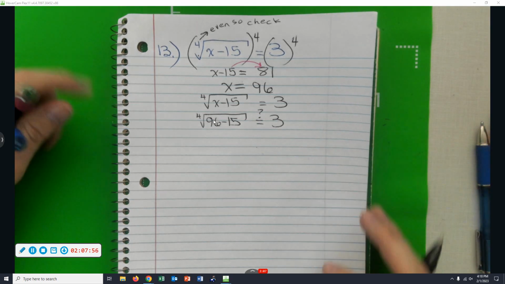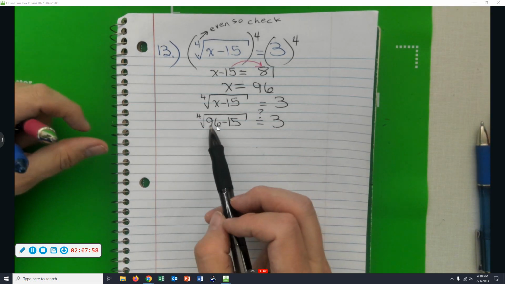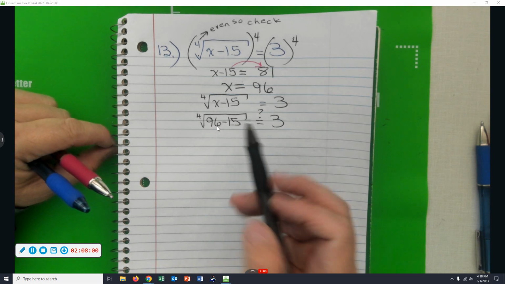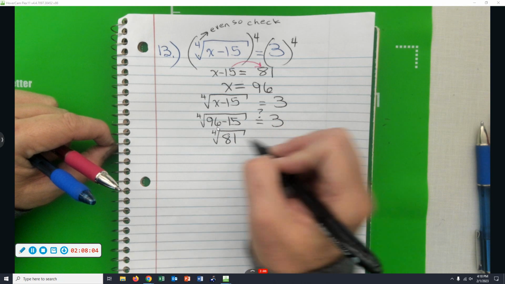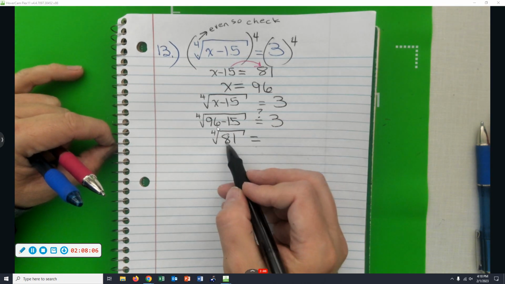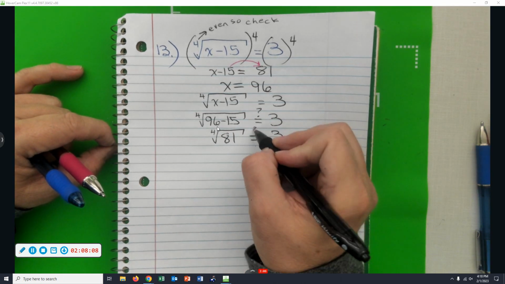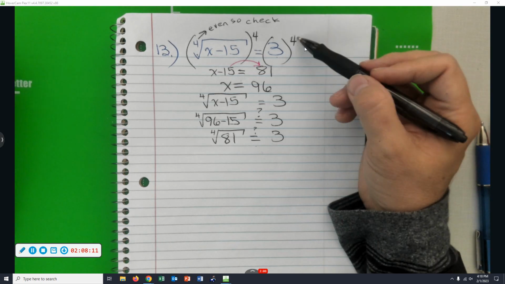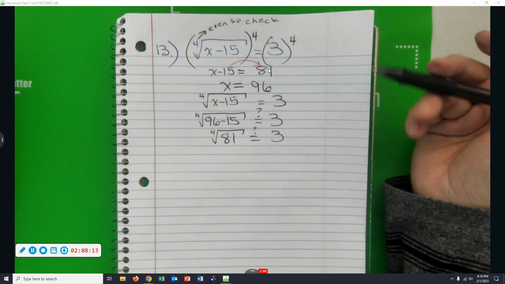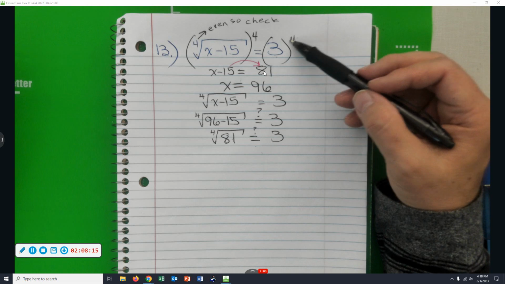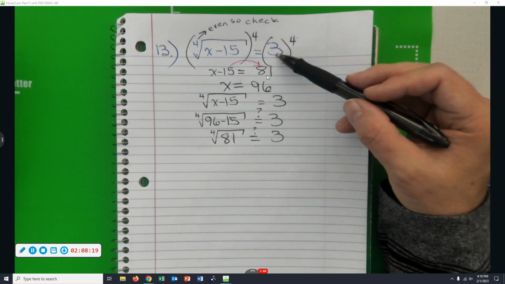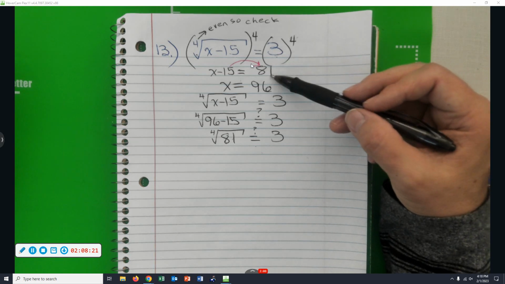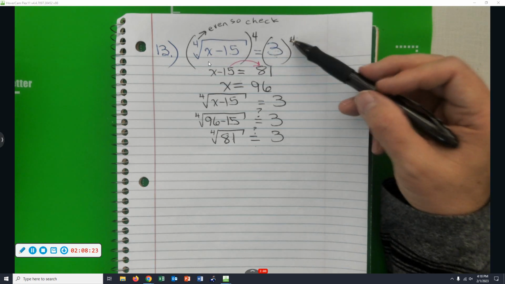We can do this without your calculator. 96 minus 15 is 81, right? Does the 4th root of 81 equal 3? What to the 4th power will give you 81? Is it 3? Yeah, there it is. That's how we got the 3, and that's how we got the 81. 3 to the 4th.